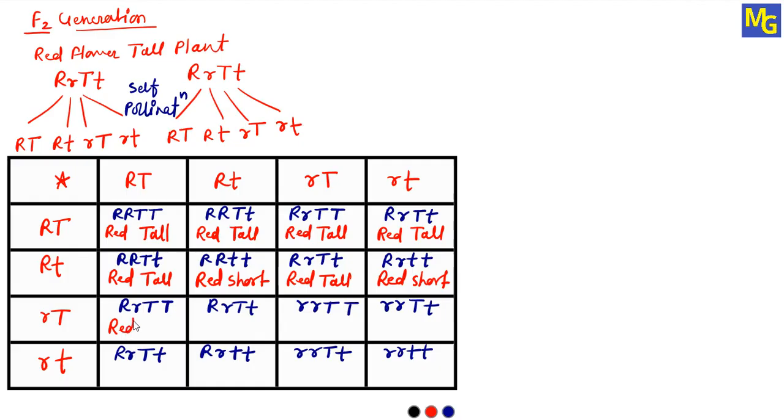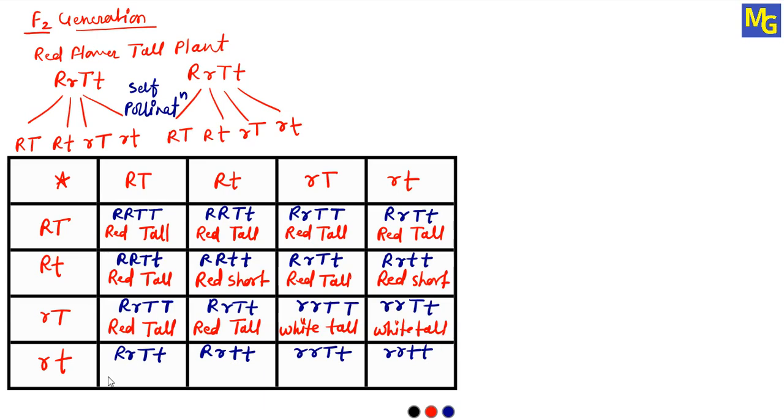This is red, tall. Can you write it by yourself? Next one, red, tall. Here both the R's are small, so it is not red, it is white, but it is tall. This is also white, but still it is tall because T is capital.